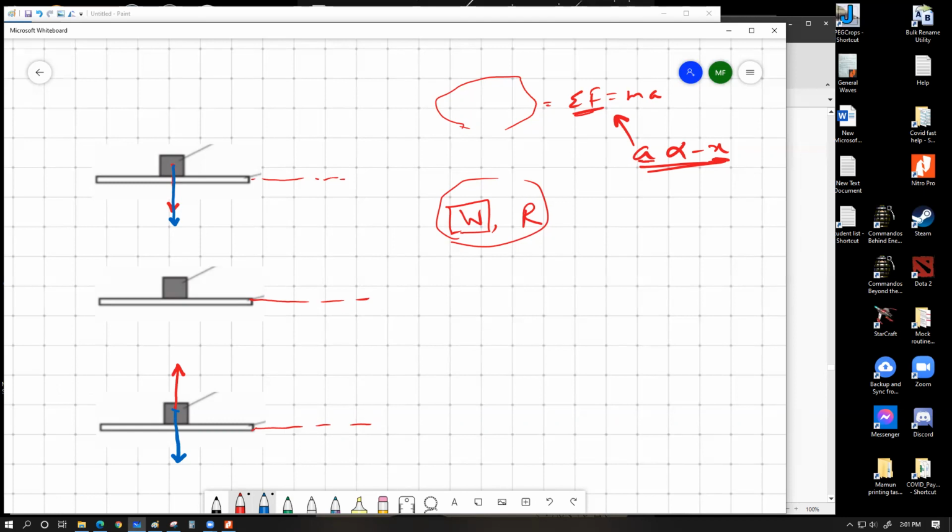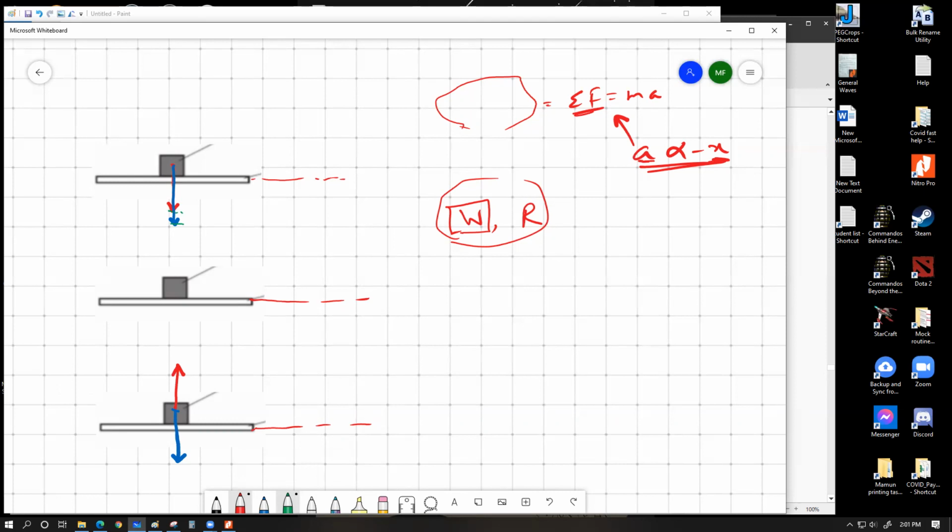I mean, this cube will use a part of that blue arrow to maintain SHM. And the remaining force that you have, which I might label with green, is the remaining amount of force that the object cannot use for SHM.